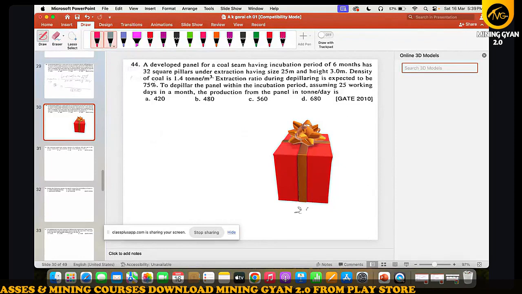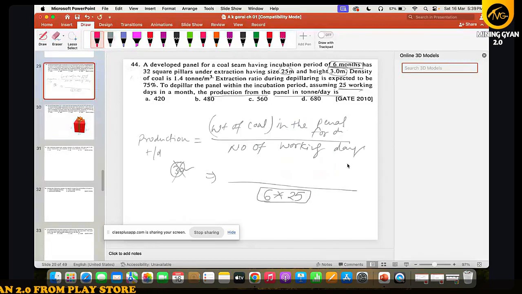If this is given 25, the pillar is 25, and the height will be 3. So one side is also this, so it will also be 25. So there are 32 pillars. How many pillars? 32.